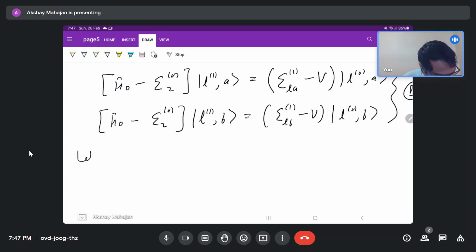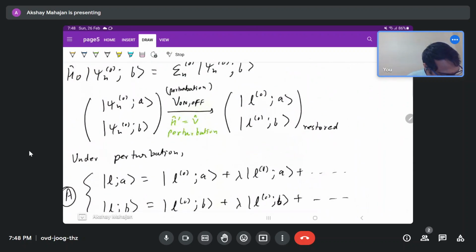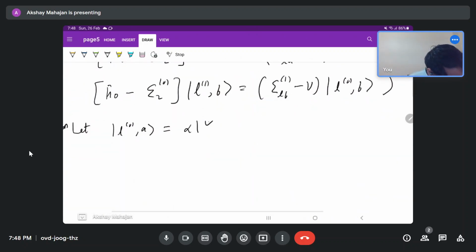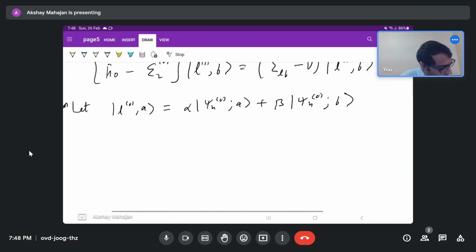Now we will use our condition that L0 comma A is a linear combination: some alpha times our state psi n of 0 comma A plus beta times psi n of 0 comma B. So we know that we write this L0 of A as a linear combination of these two states.